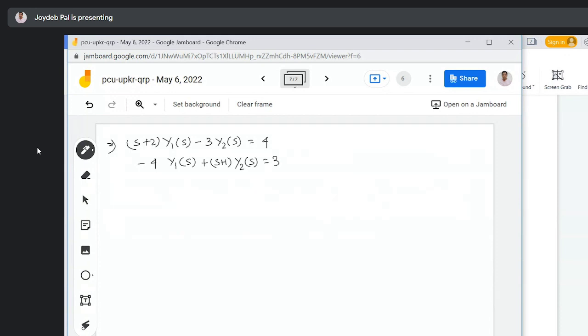Now we have to solve this. Here Y1(s) and Y2(s) are the variables, so you have to find what Y1(s) and Y2(s) are. You can take these as variables and solve. I am denoting these as equation number 1 and equation number 2.